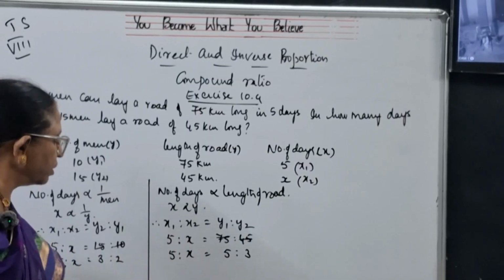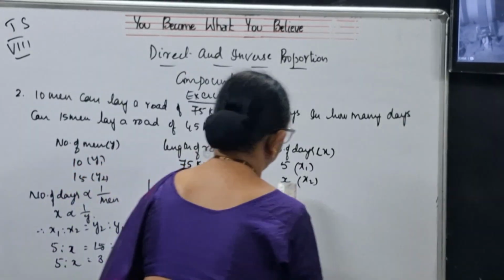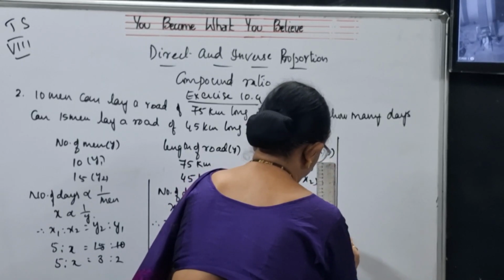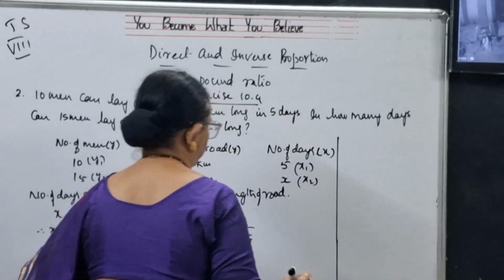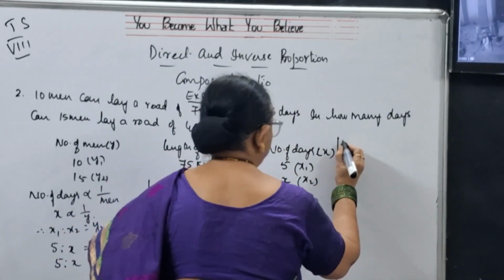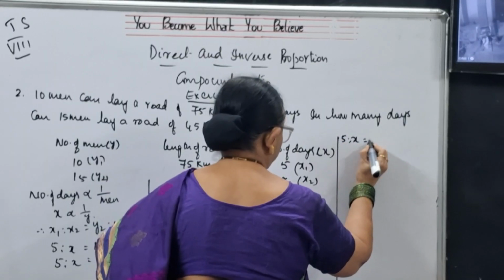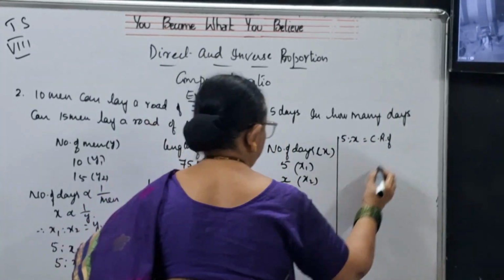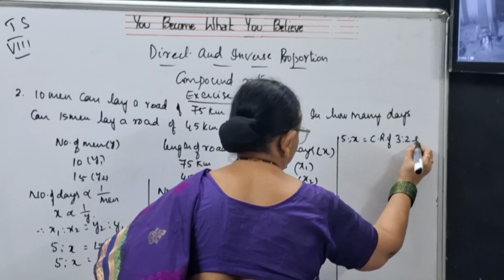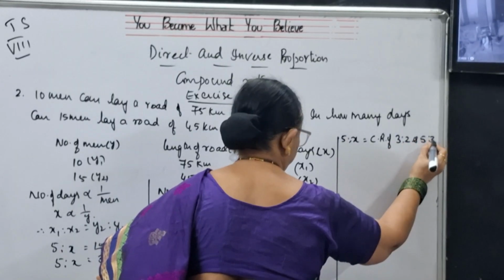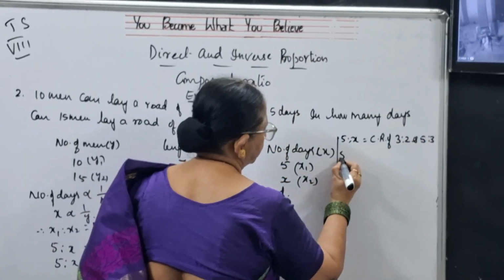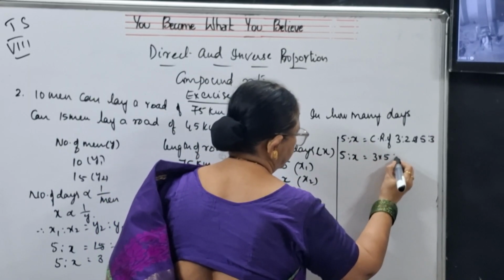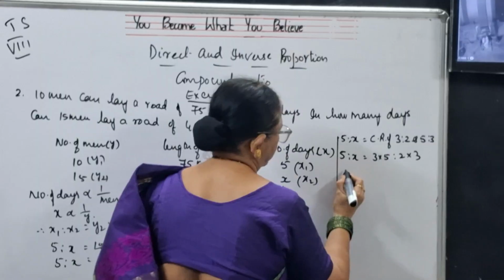So now compound ratio of 5 is to x is equal to compound ratio of 3 is to 2 and 5 is to 3. That means 5 is to x is equal to 3 into 5 is to 2 into 3.